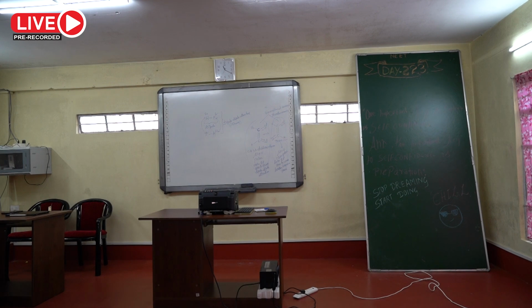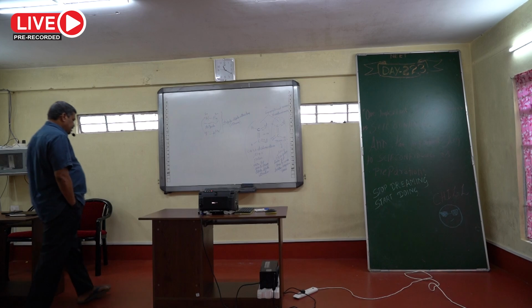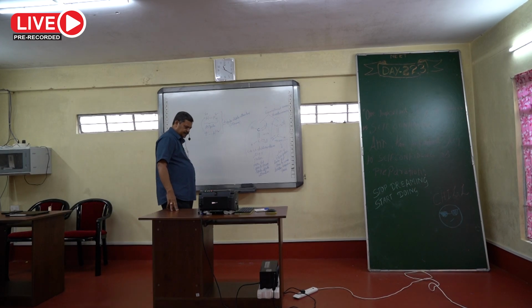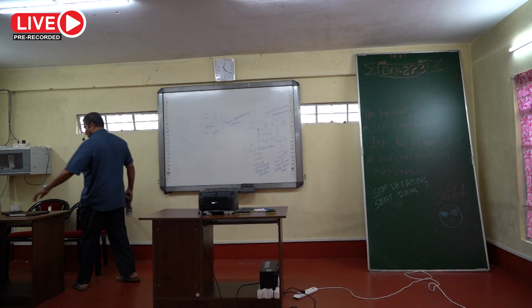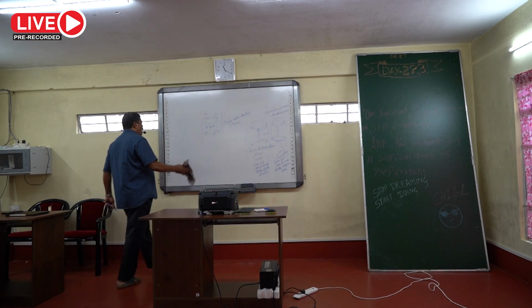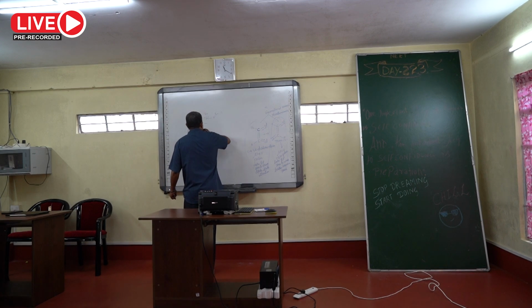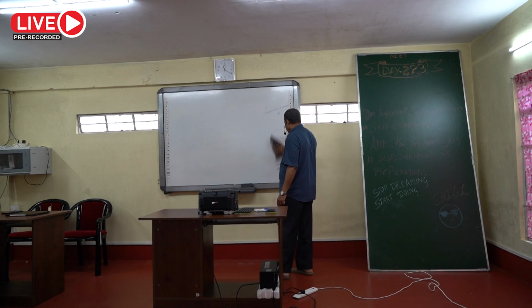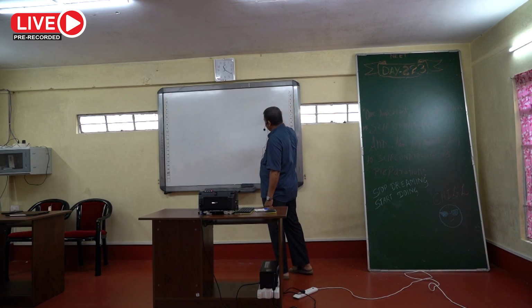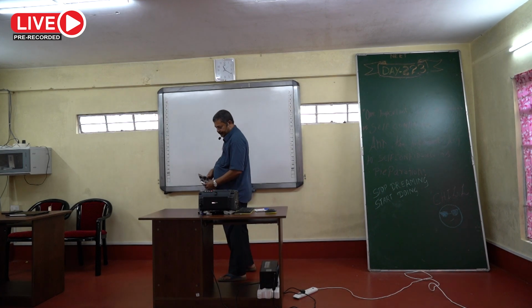In isomeric dichlorobenzenes, what is the decreasing order of dipole moment?